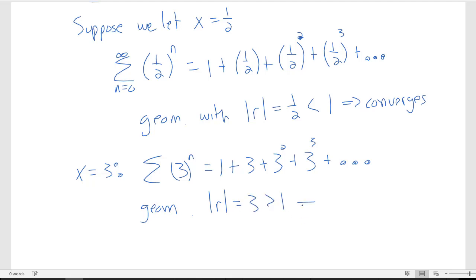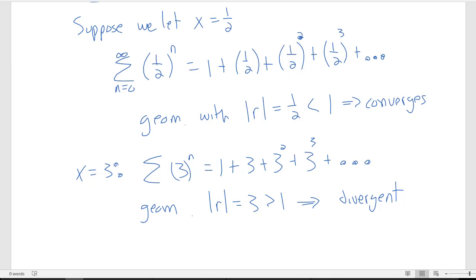That's greater than 1, so that's divergent. That shouldn't really be a surprise, in the sense that the base of this power of x is bigger than 1. That's a divergent geometric series, and when that base is less than 1, it's a convergent geometric series.